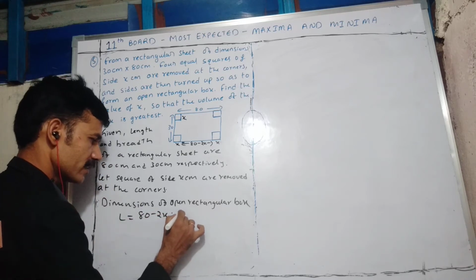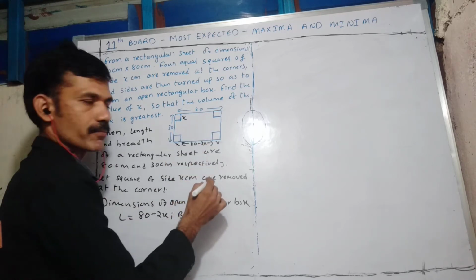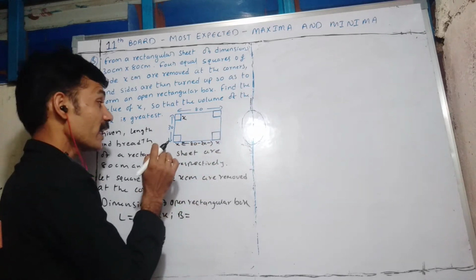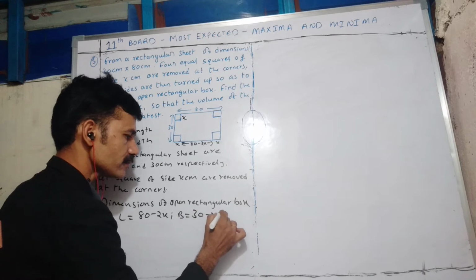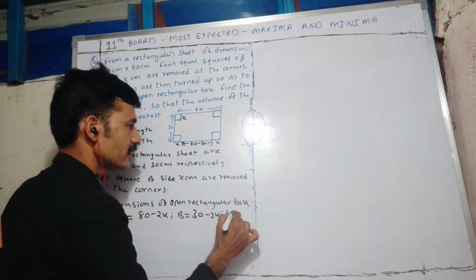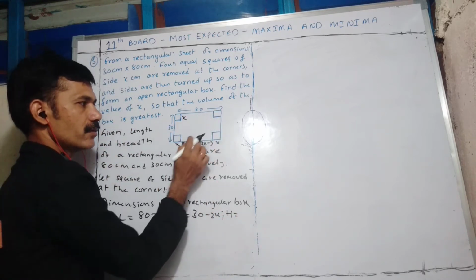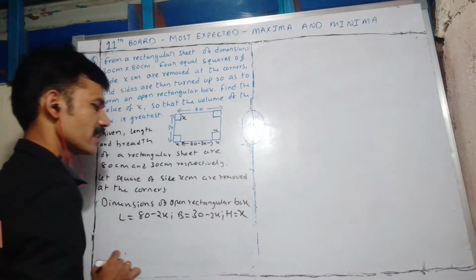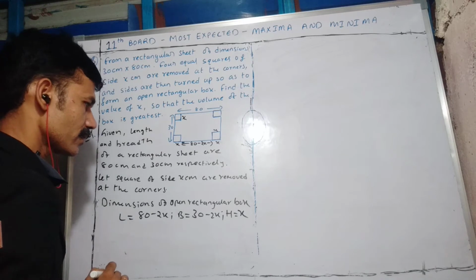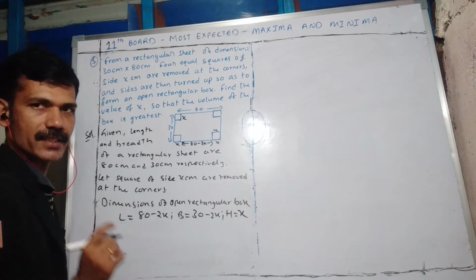Next we come to breadth. Breadth also same, twice x is reduced from 30. Now height. We have folded here, no? That height will be x only. So the height of the rectangular box is x centimeters.